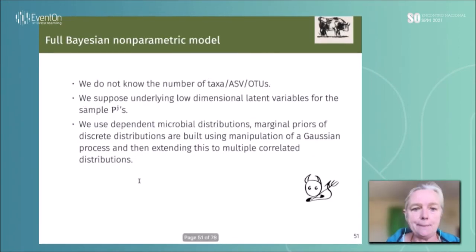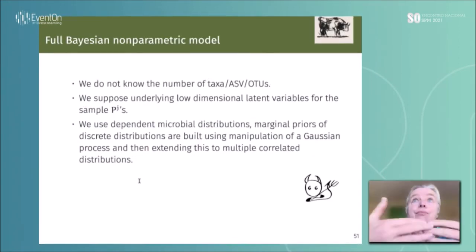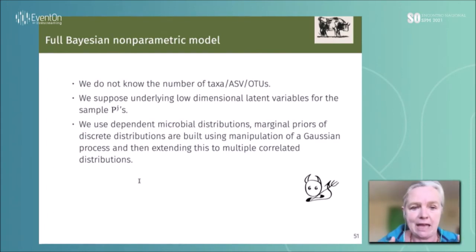So that's one step forward. That's how to deal with nonlinearity. And then I would just like to say a little bit more about how you can do what we call a full Bayesian nonparametric model, for when we don't know the total number of features.